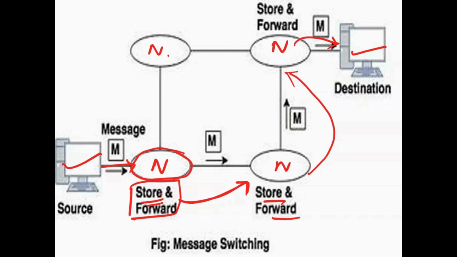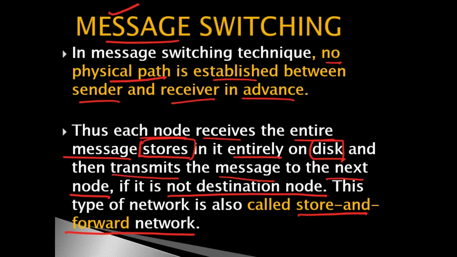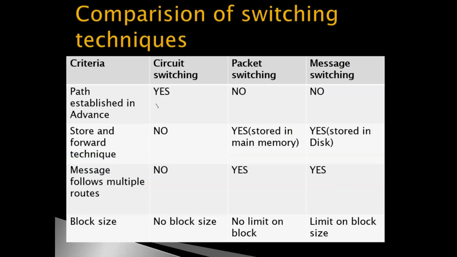Okay, so this technique is called the store and forward technique, which message switching uses. Hope you all understand the three types of switching techniques. Let us see the comparison of switching techniques. So we have studied circuit switching, packet switching, and message switching as of now. Now we can say the path is established in advance.